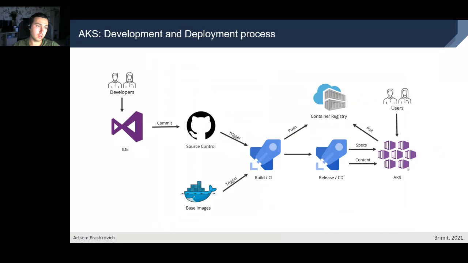When Azure Kubernetes receives this command and the specifications, it requests the latest images from the container registry, which already have the new code we pushed on the build stage, and it updates itself and provides new functionality for the users.